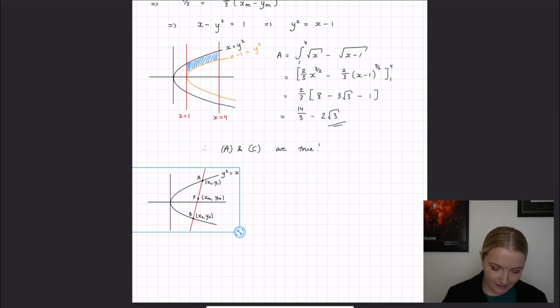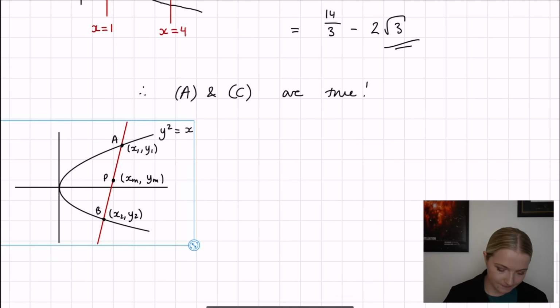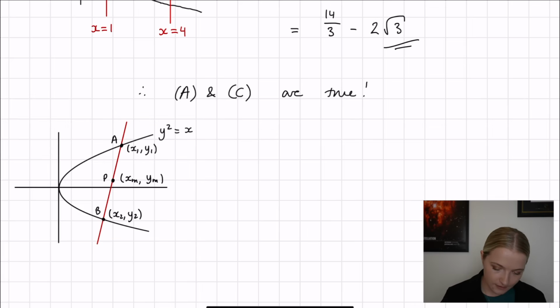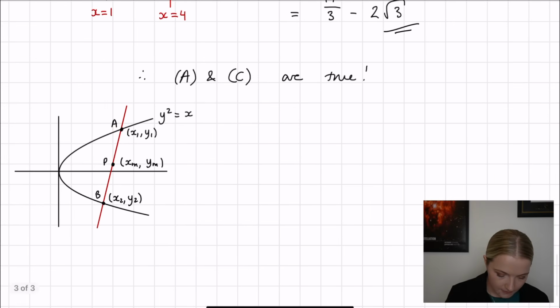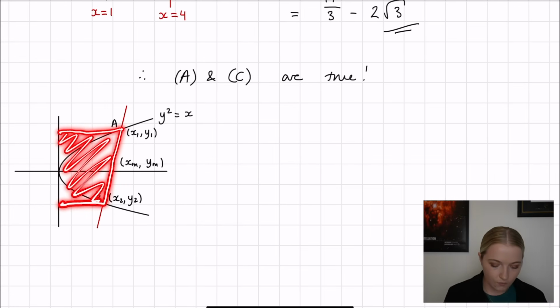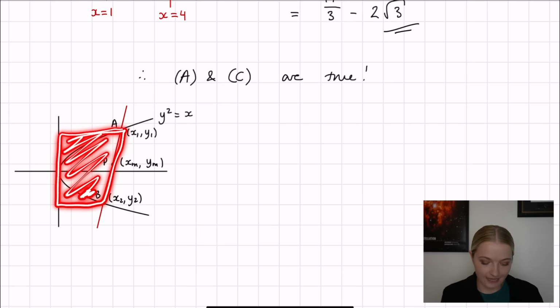But what we can find is, well, what we did before is we calculated the equation of the chord. So we calculated this equation in here, so that then we could calculate this area. But what you can also do is just notice that this area in here is just a trapezium.